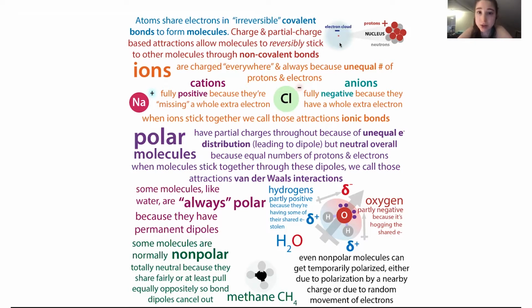There are positively charged protons, which hang out with neutral neutrons in this central nucleus, and then they're surrounded by this cloud of negatively charged electrons. And these are all whizzing around. And then when you link the joined atoms together to form molecules, you do this by sharing pairs of electrons.